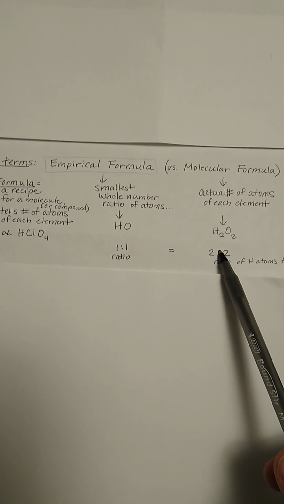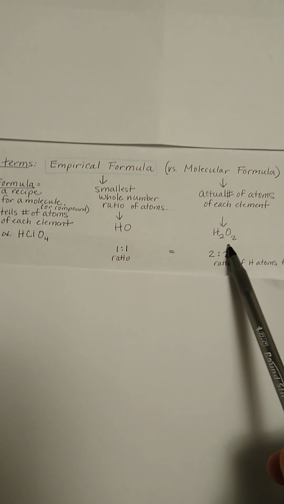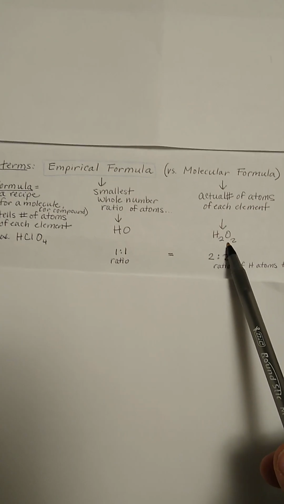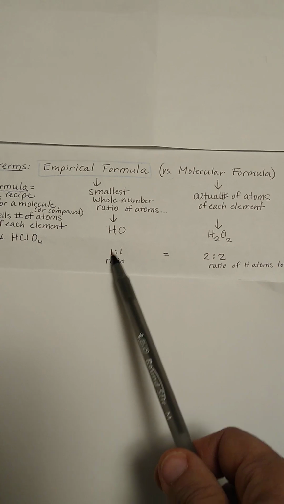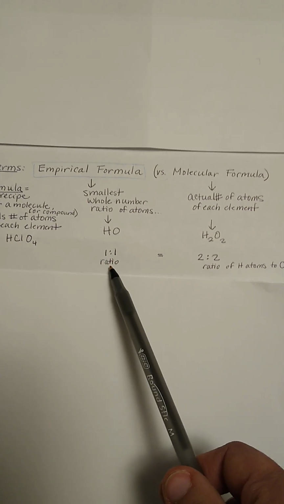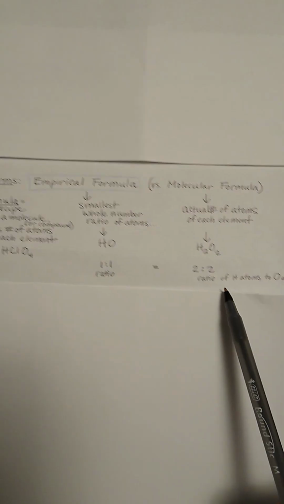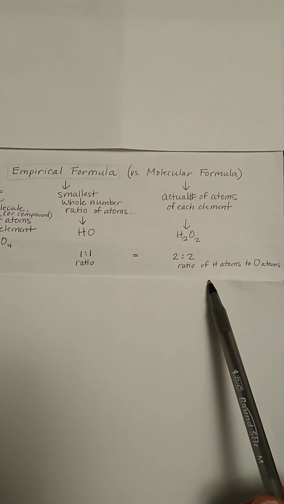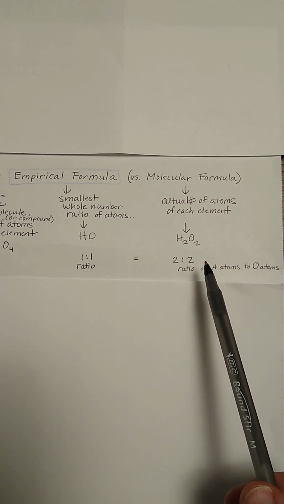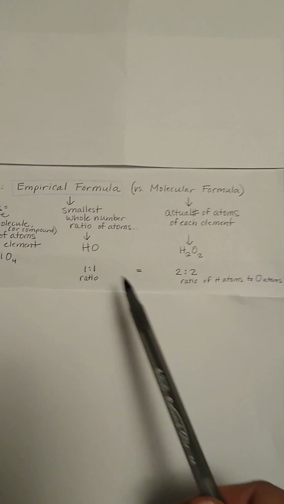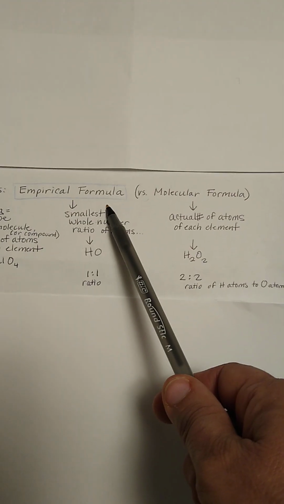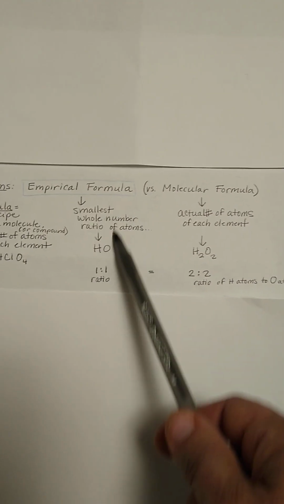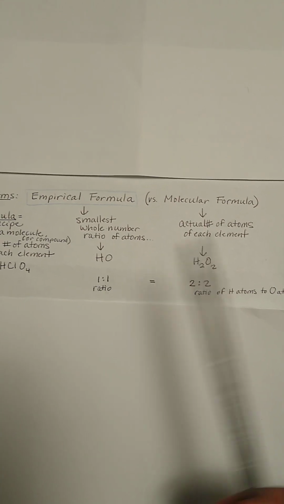H2O2, hydrogen peroxide. There are 2 atoms of hydrogen, 2 atoms of oxygen, but in reduced form, the ratio is 1:1 of hydrogen to oxygen. So the actual molecular formula reflects the actual number of atoms. The empirical formula, which is what we're going to be working with today, is the ratio when it's reduced.